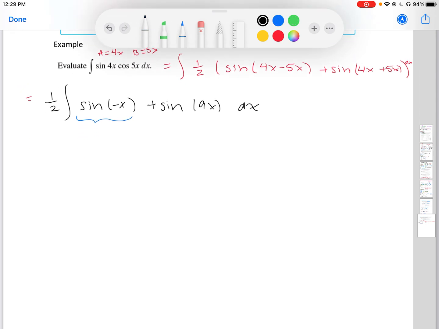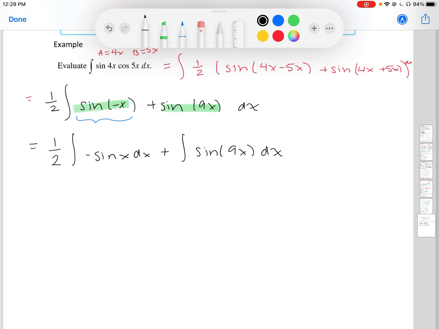So we can move that negative forward so that we have 1/2 times the integral, and I can split each one as its own integral because each one is a term. So we have the integral of negative sine of x dx plus the integral of sine 9x dx.